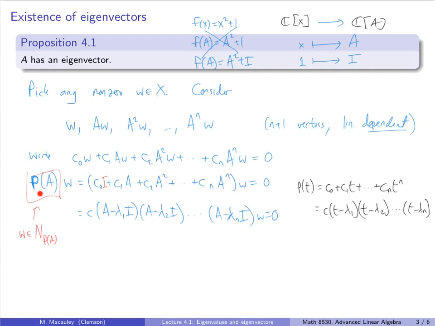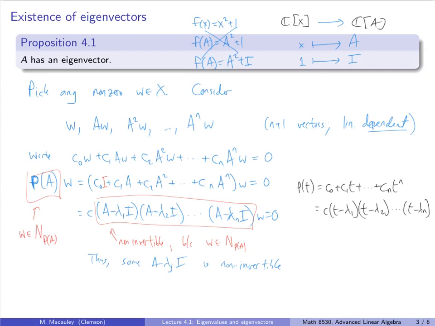And this map also factors as a composition of these individual maps A minus lambda j I. So this is non-invertible because W is in the null space of p of A. So that means that some A minus lambda j I is non-invertible.